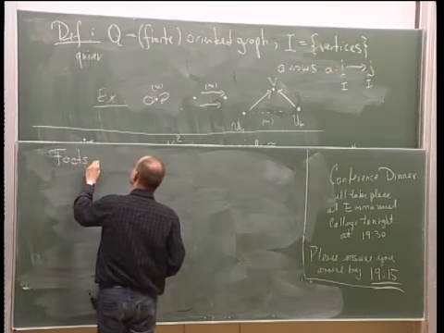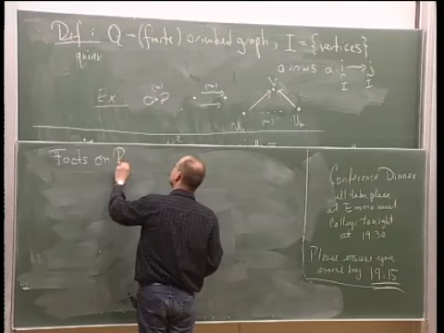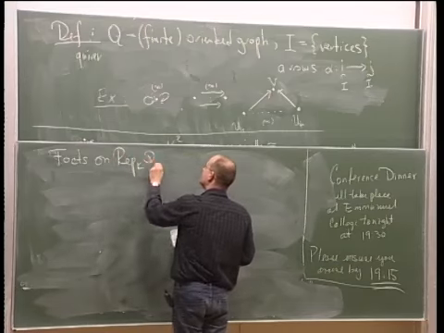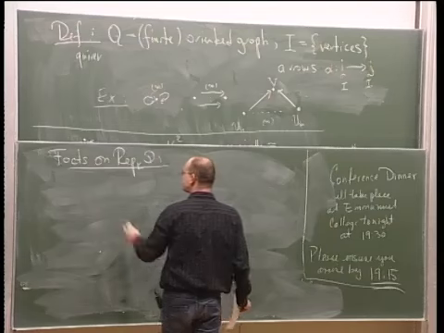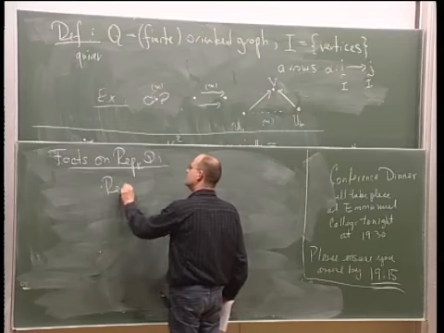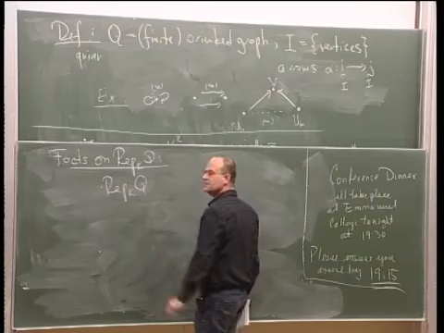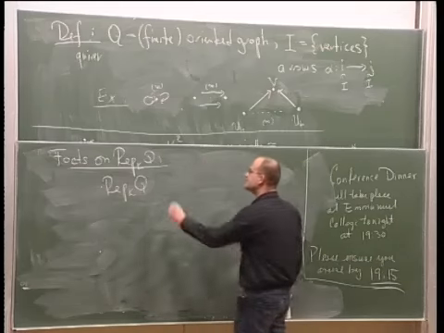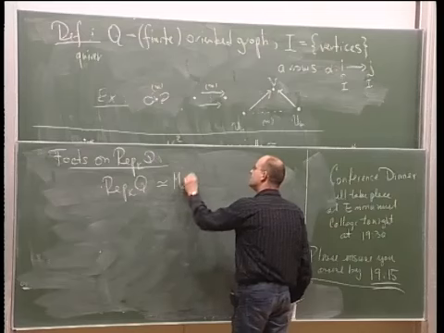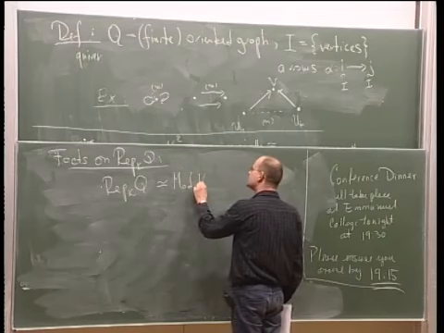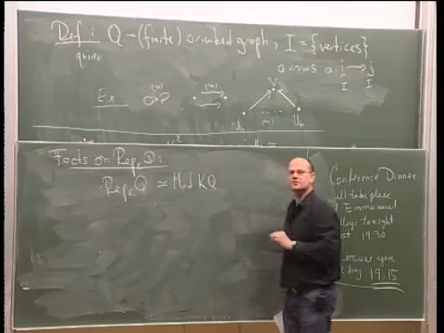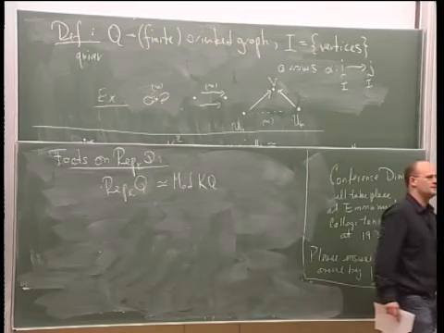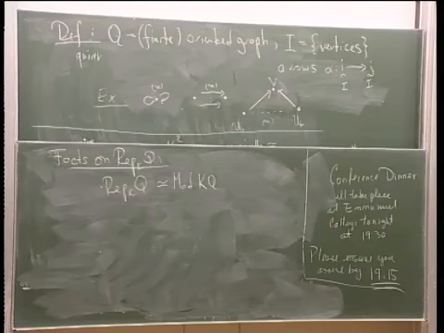So some facts on this category of representations. First of all, this category of representations is in fact equivalent to the category of modules over a certain non-commutative algebra. This has nothing to do with the non-commutative algebra H, the Hall algebra.